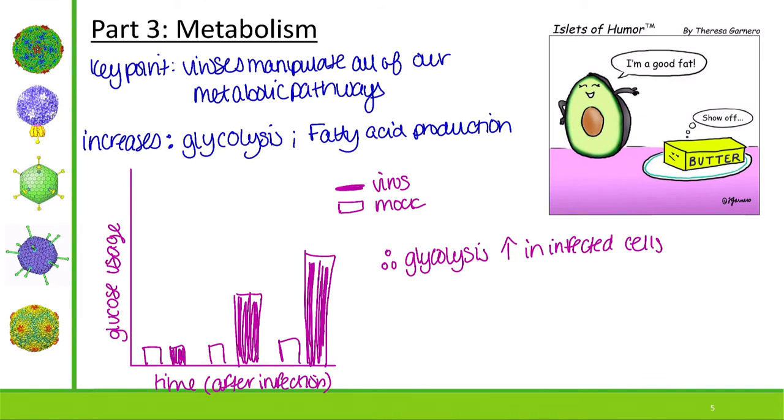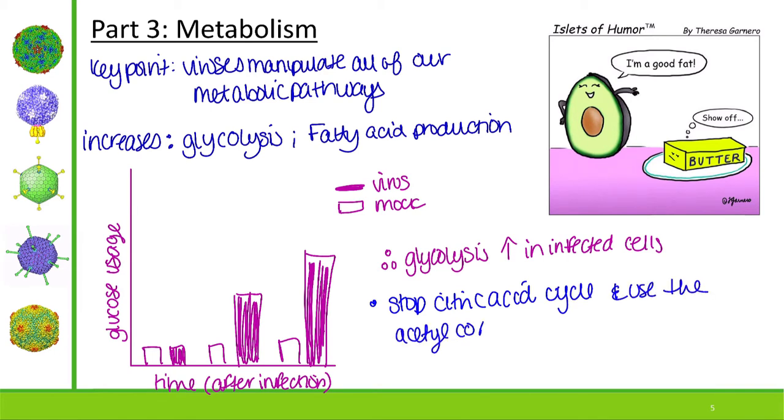So let's go ahead and jot that down as well. So some viruses can stop the citric acid cycle, and then they can use the acetyl-CoA to make fatty acids.